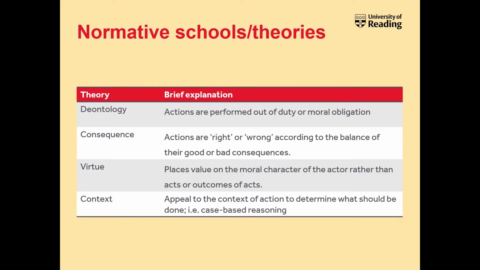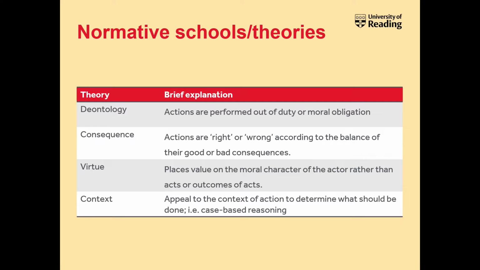And just looking at all of the normative schools or theories as per the previous diagram. Deontology, the theory of deontology, is that actions are performed out of duty or moral obligation. The theory of consequence is that actions are right or wrong according to the balance of their good or bad consequences.